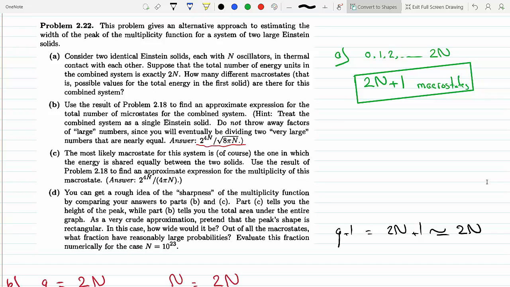Then go into the most probable case to figure out the height of the peak. That's where each one of the solids has half the amount of energy units available, and that would give you the height. Knowing the area and the height, you could figure out the width of the peak, and you can see what's the fraction that has reasonably large probabilities using this.